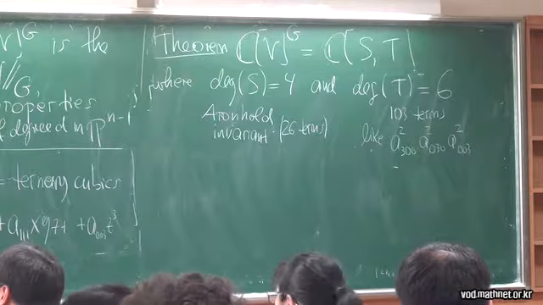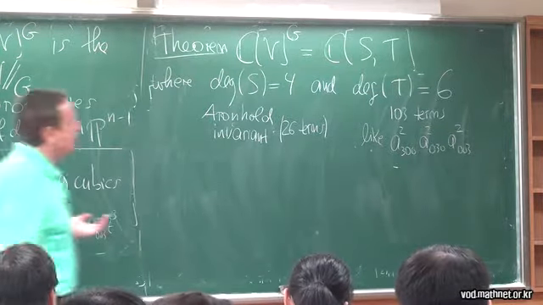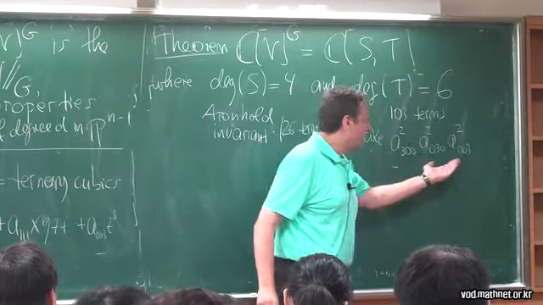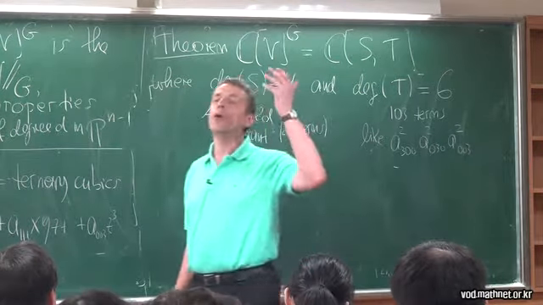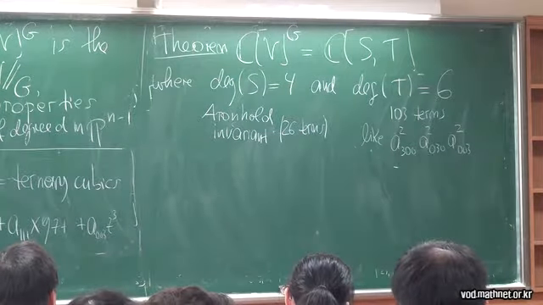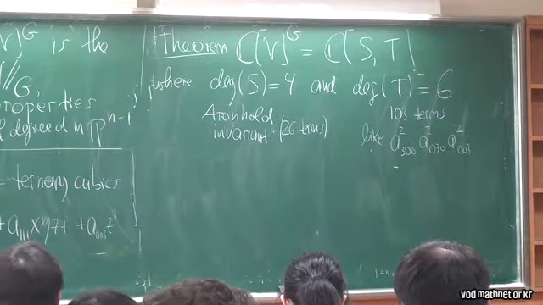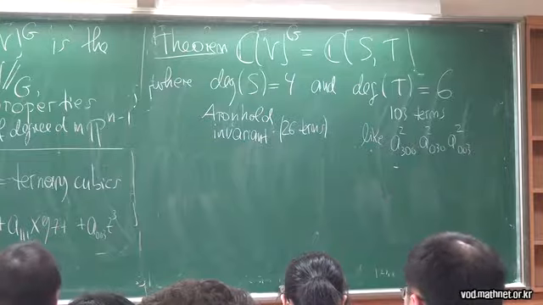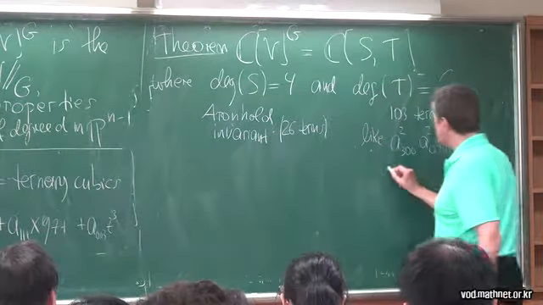On the homework, I think I'm asking you to produce an invariant. So how do you actually produce invariants? Well, first of all, you want polynomials of the right degree in the A's. So let's think about all the monomials of degree 6 in 10 variables. There are a lot of them, and most of them are irrelevant. The only ones we care about are symmetric as far as the weights are concerned.